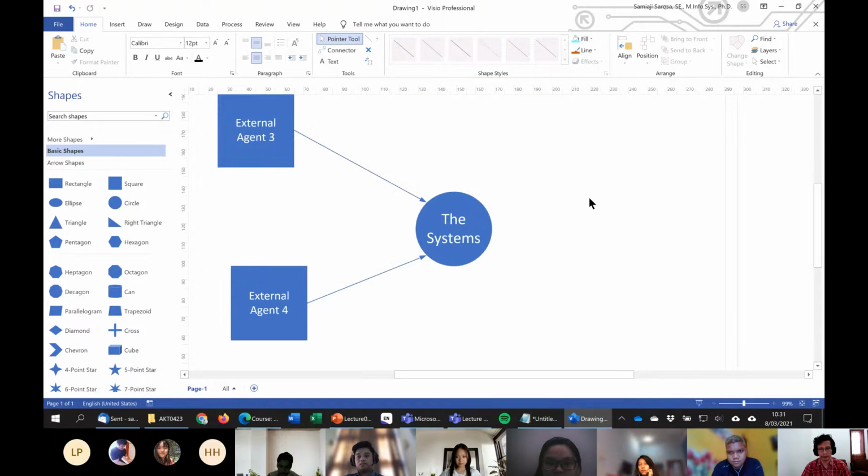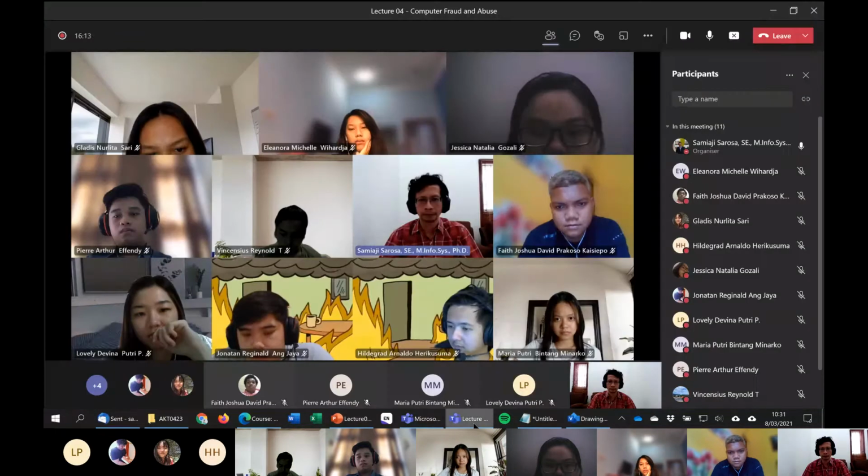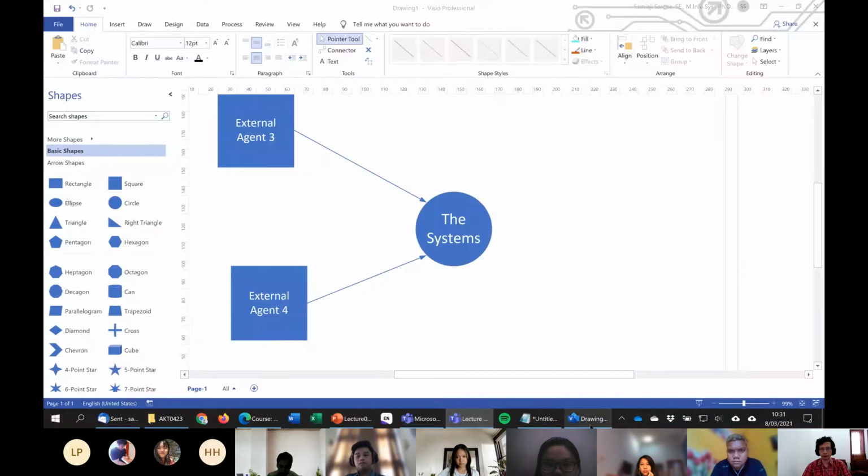I'll increase the size so you can see. So what's wrong with this? Any idea what's wrong with the picture? Joshua, what's wrong with this picture?